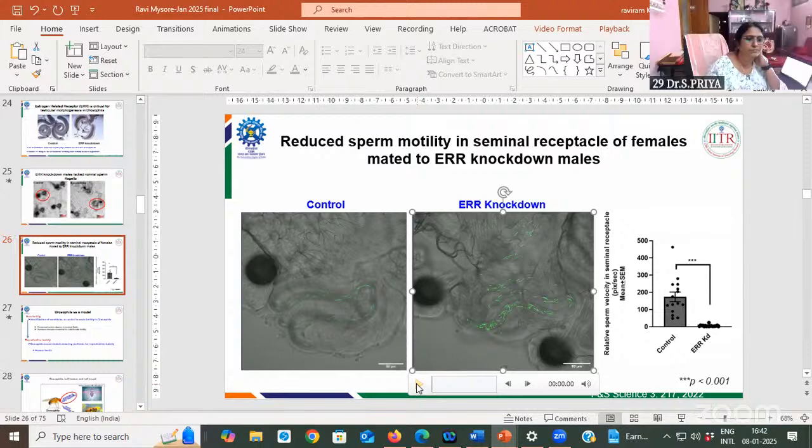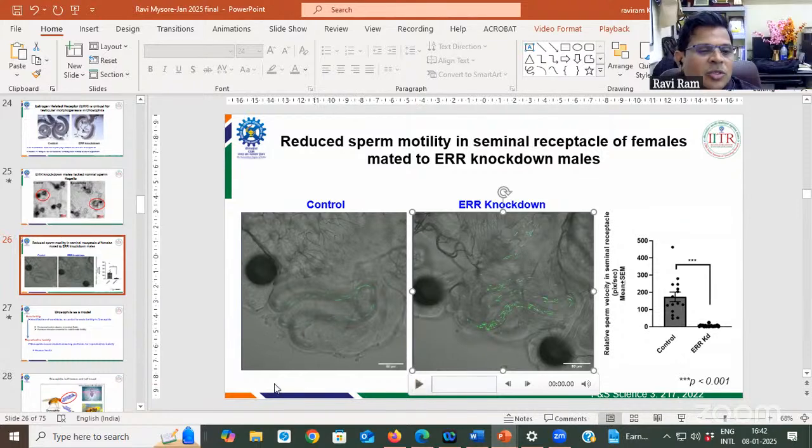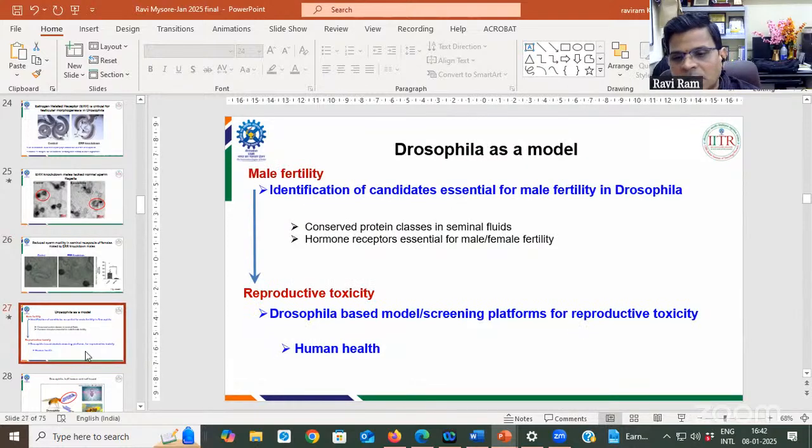Okay, because I'm going to switch now to reproductive toxicity, how we are exploiting these. What I have shown you is there are conserved seminal fluid protein classes, conserved in the sense conserved between Drosophila and mammals, and there are also hormone receptors available which are essential for male-female fertility in Drosophila.